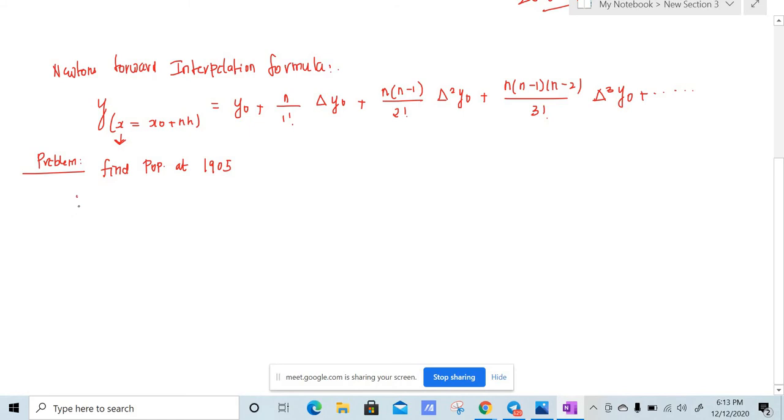The question here, population: in 1891 it is 98,752, and in 1901 it is 1,32,285, and in 1911 it is 1,68,076, and 1921.